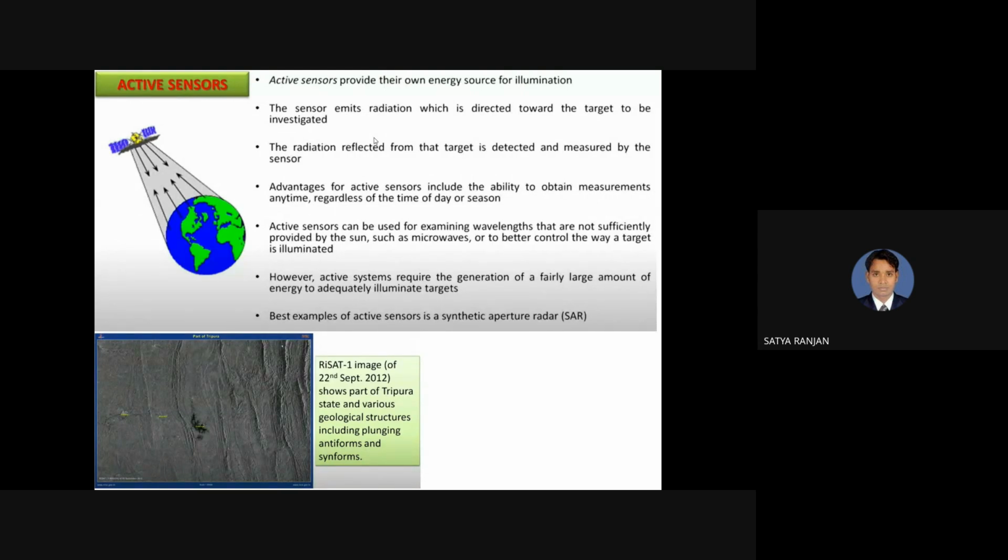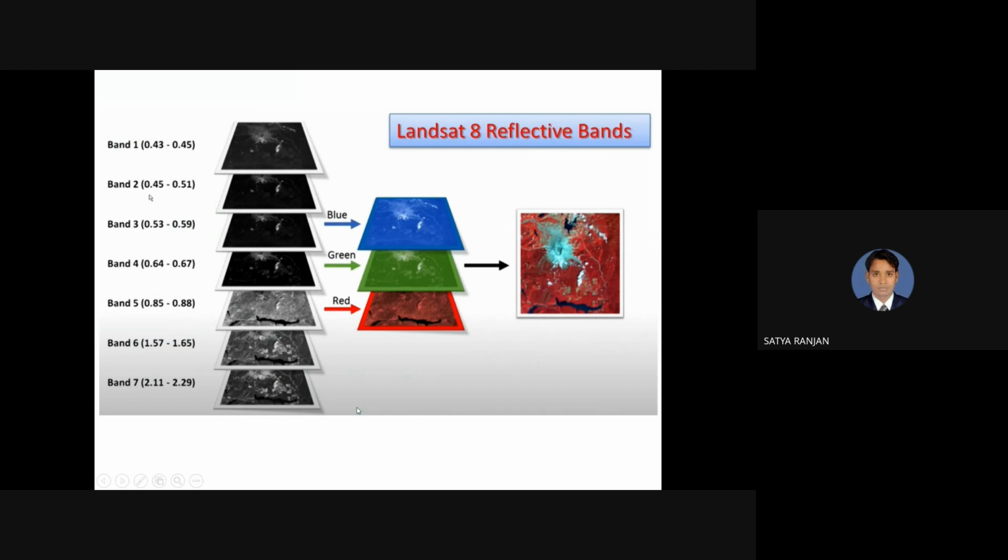The best example is the synthetic aperture radar, which is radar data. So this is an image which shows one of the features of the radar satellite image. Then there are different multispectral bands, like the Landsat 5 and Landsat 8 images.